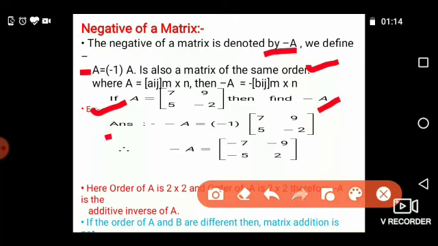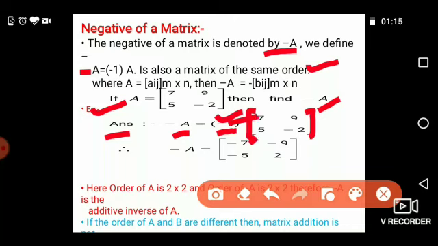The solution goes like this. Minus A is equal to, let me write minus A as minus 1 into matrix A. This is our matrix A, having the elements 7, 9 in the first row, 5, minus 2 in the second row. Multiplying by minus 1 to every element of the given matrix. Therefore, minus 1 into 7 becomes minus 7.